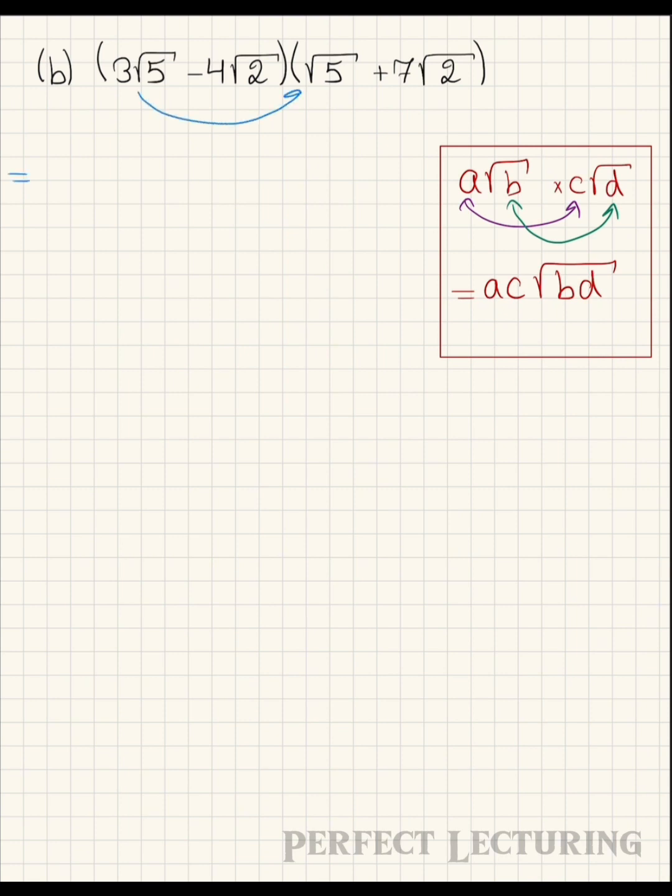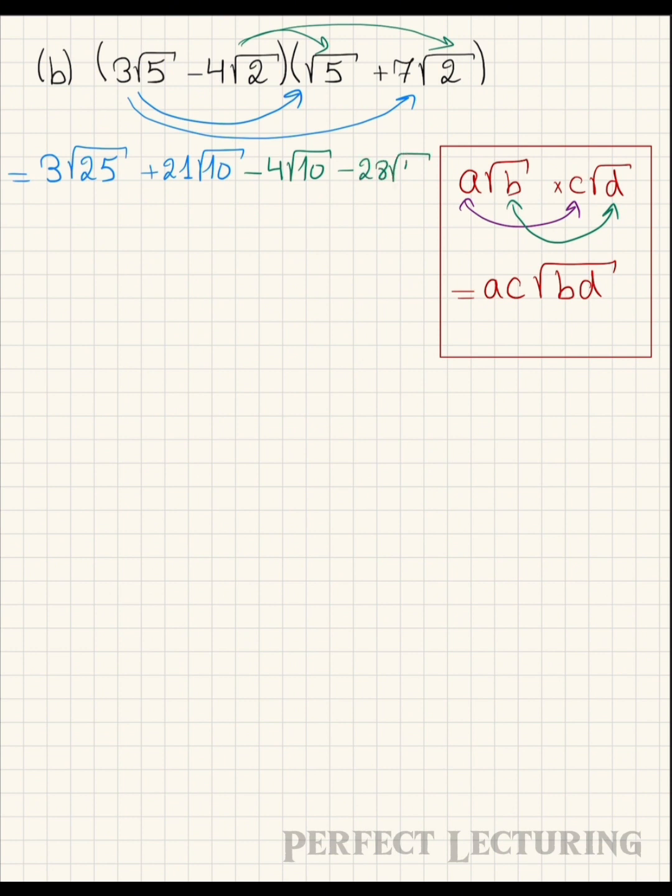3 root 5 times root 5, that is 3 square root of 25, because we have 3 times 1 is 3 and 5 times 5 is 25. Then 3 root 5 times 7 root 2 is 21, and 5 times 2 is 10. 4 root 2 times root 5, that is 4 root 10. 4 root 2 times 7 root 2 is 28 square root of 4.